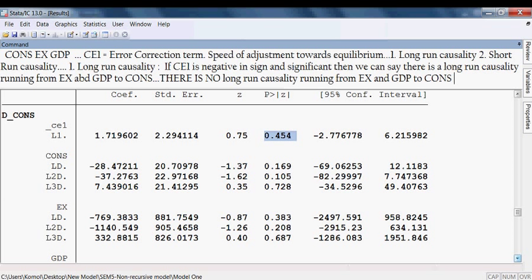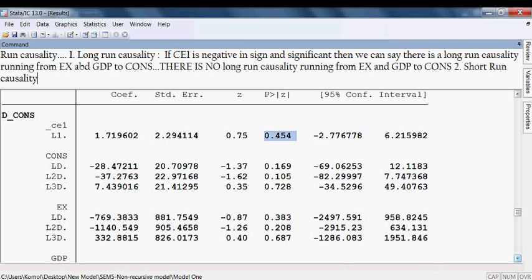Okay, now we talk about short run causality. That is our second issue to discuss. Okay, so first I check whether export EX can cause cons or not, right?